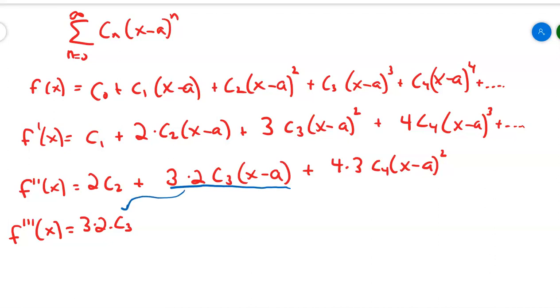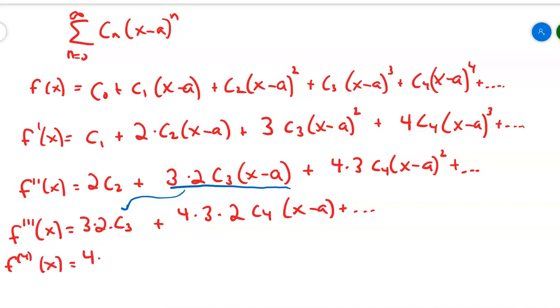Then the next one will end up being 4 times 3 times 2 c sub 4 times (x minus a), and it continues from there, right? These are all going on and on and on. All right, should we do one more? Suppose I took the fourth derivative with respect to x. I would end up with 4 times 3 times 2 c sub 4, and then it would continue on from there.